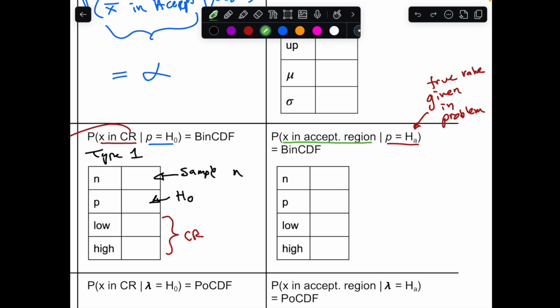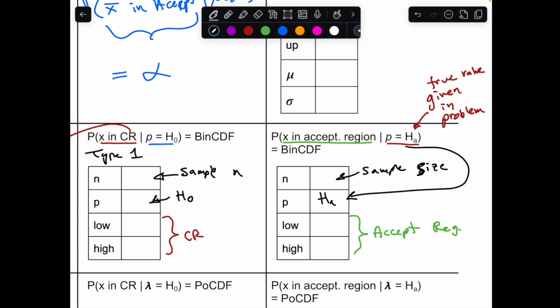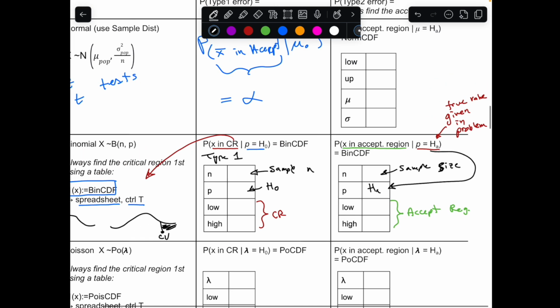And so we are going to be calculating the probability your sample falls in the acceptance region right here. And that will be your upper and lower tail bound. You will still use your sample size for n, and then you will use the given alternate hypothesis proportion of success that's given in the problem. You'll enter that there.